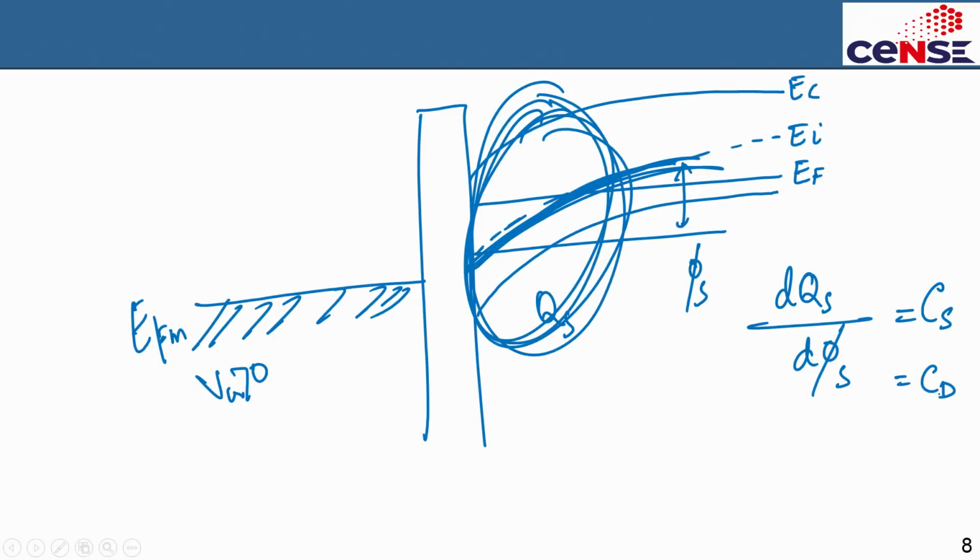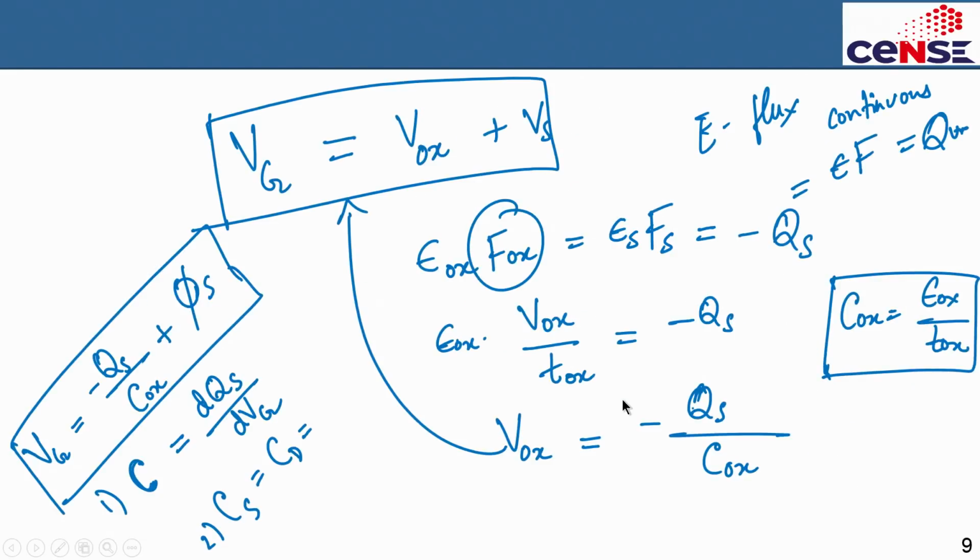You can also call it depletion capacitance, okay, and that essentially boils down to epsilon naught epsilon s by the depletion width. Okay, this is the depletion width. So what I am trying to say here is that this is basically given by dQs by d phi s.